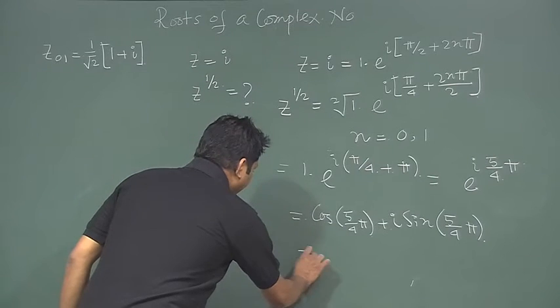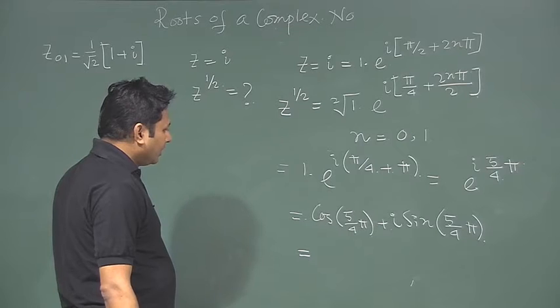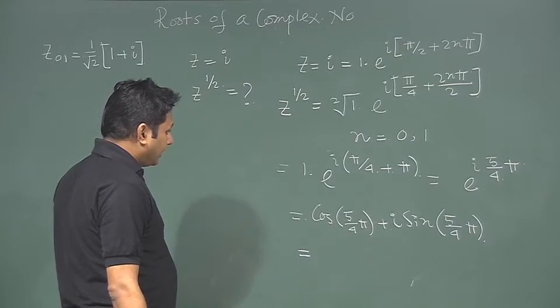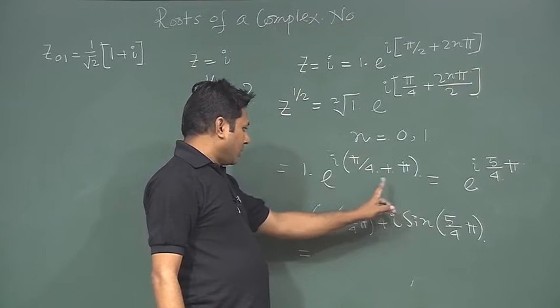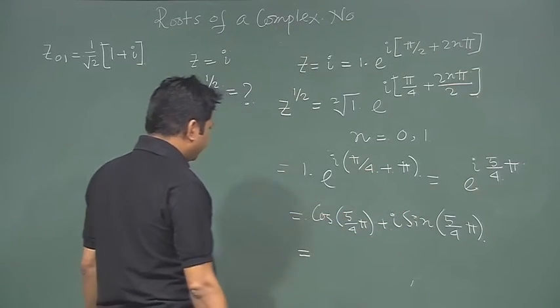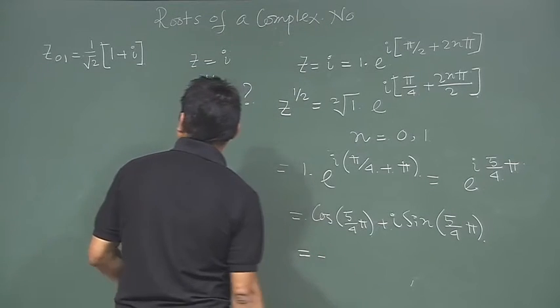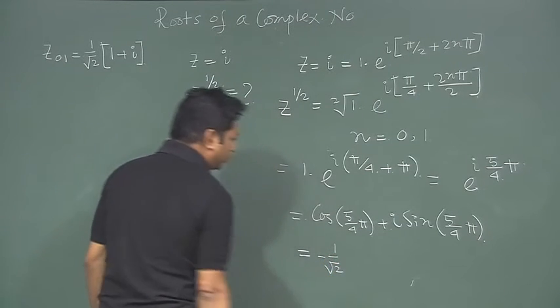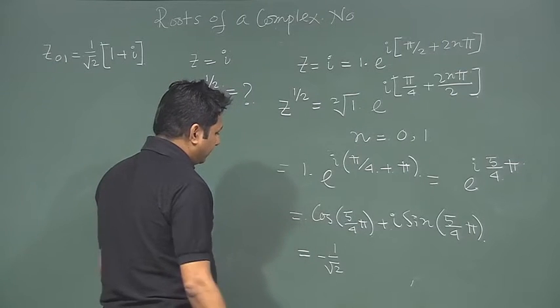So, we know cos of a plus b is cos a cos b minus sin a sin b. So it seems to be minus 1 by root 2.